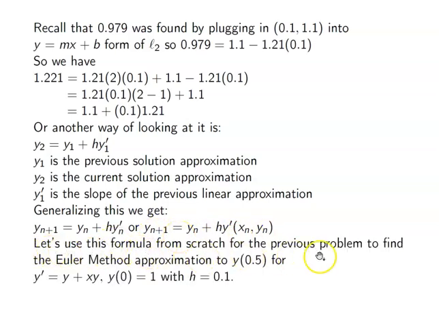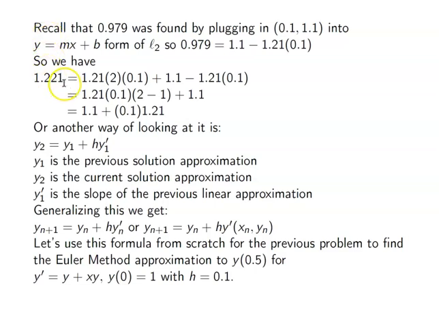Okay, so let's use this formula from scratch for the previous problem we just did, to find the Euler approximation to y of 0.5 for y prime is y plus xy, starting at (0, 1), and with a step size of 0.1. So we're doing the same thing, but we're going to stop at 0.5.